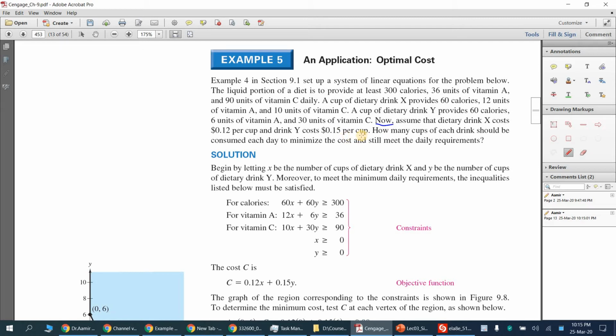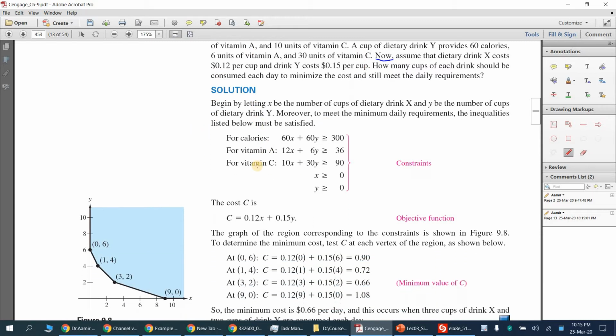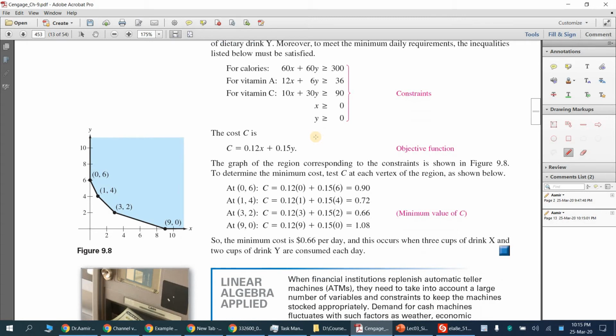So how many cups of each drink should be consumed each day so that you fulfill your requirements and at the same time you minimize the cost? Clear? So you can already know that this is the minimization or cost optimization problem. So the criteria Z, or they have written C, it is equal to this. This is your objective function.